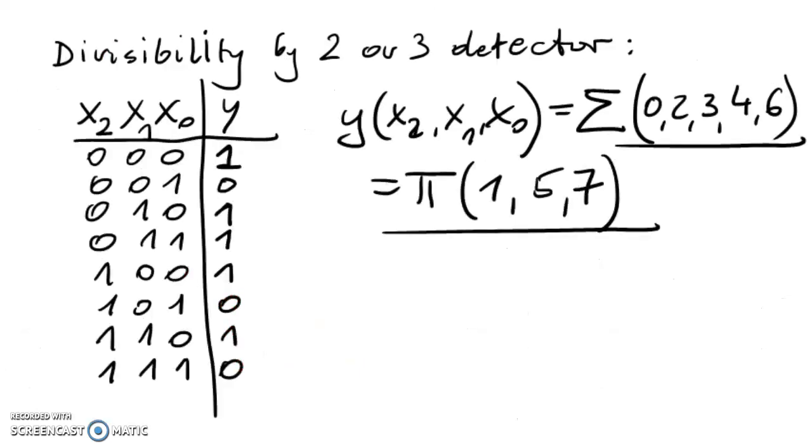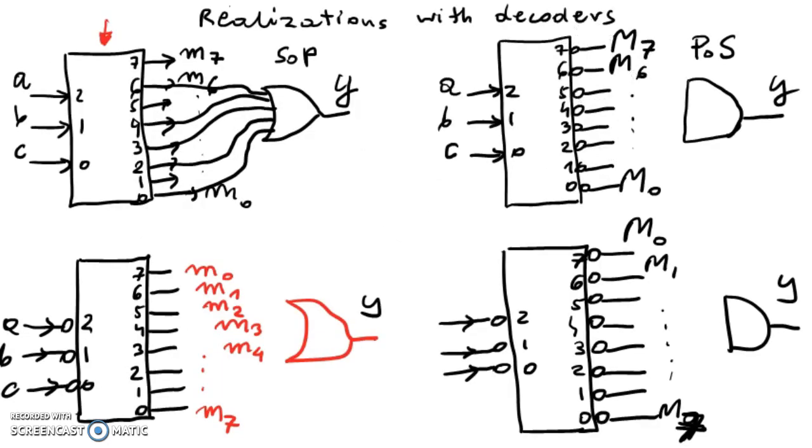Then, if you have maxterms, you need 1, 5, 7, maxterm 1 to be multiplied, maxterm 5, and maxterm 7. And you do the same in this situation. You need minterm 0, which is here on the upper side, and also minterm 2, which is available on output 5.